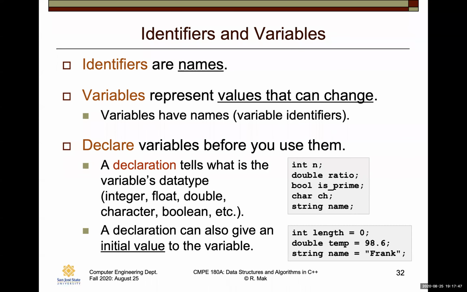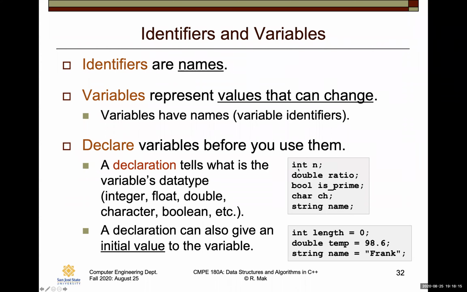And when you write a program, you have to declare a variable before you use that variable. You have to declare all your variables. A variable declaration tells the compiler certain information about the variable, namely the name. So here we have variables named n, ratio, and is prime, and so forth, and also its data type.